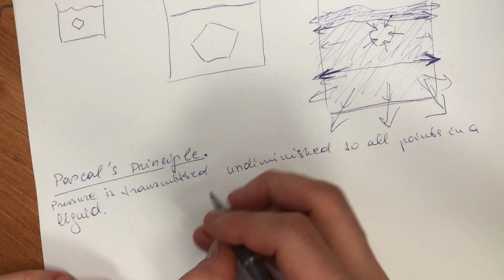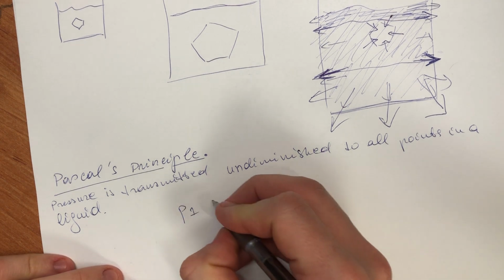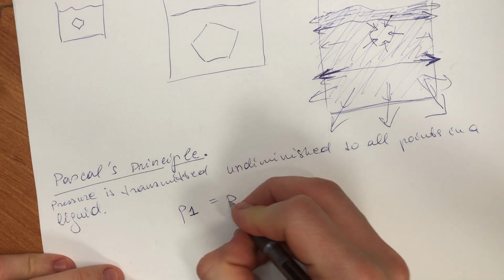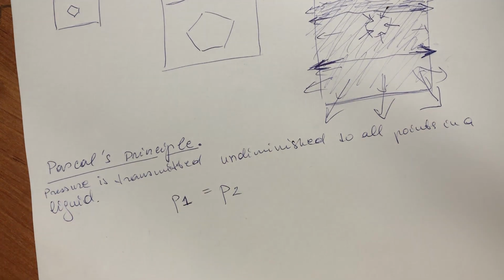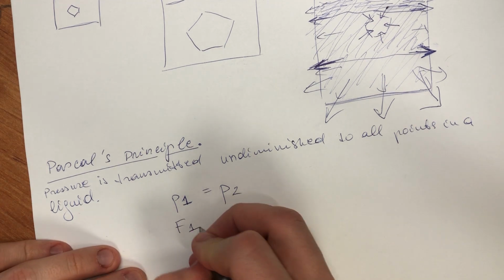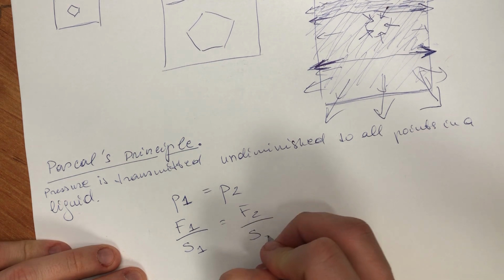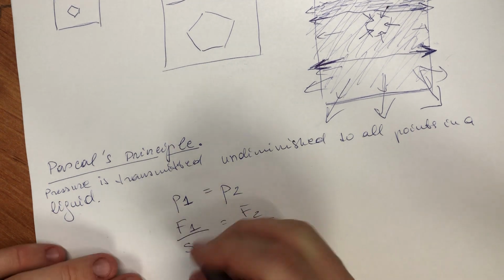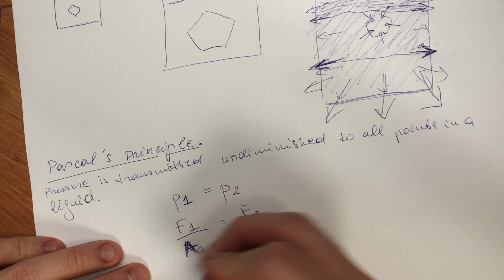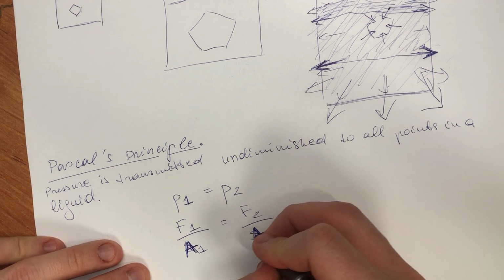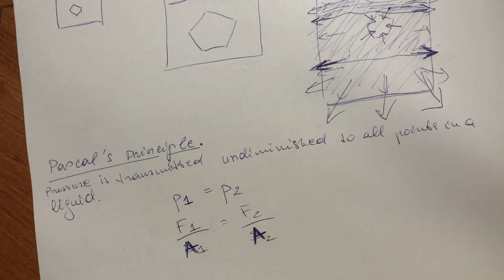So this is applied, it means that P1 is equal to P2. This is applied in hydraulic systems. So we can write F1 divided by S1 equals F2 divided by S2. So, sorry, surface area.